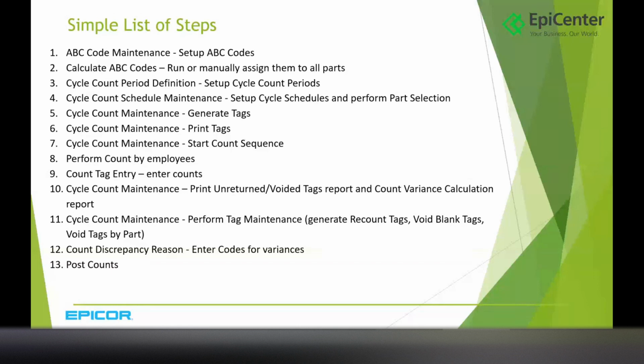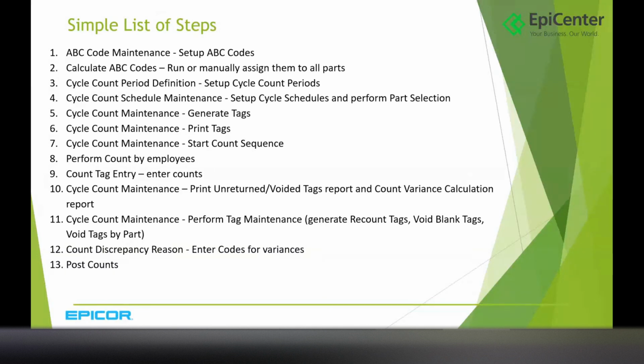You generate your tags, you print your tags, you start your count sequence. The employees perform the counts, they come back, you go into count tag entry and you enter the counts. You go through the cycle count maintenance. Again, you can print on return tags, you can void tags, you can do all that stuff.